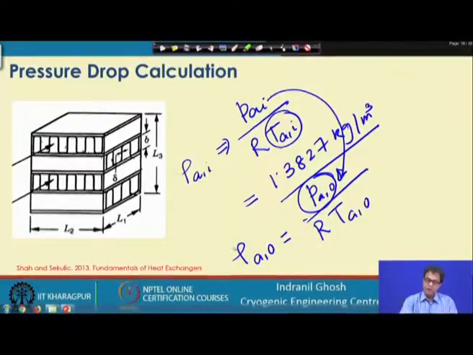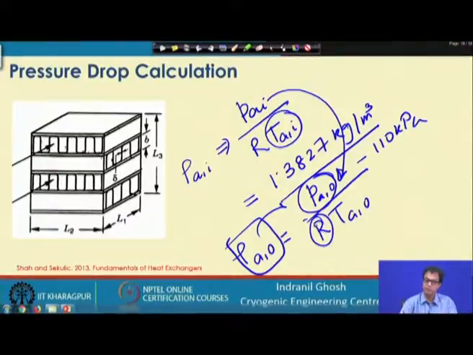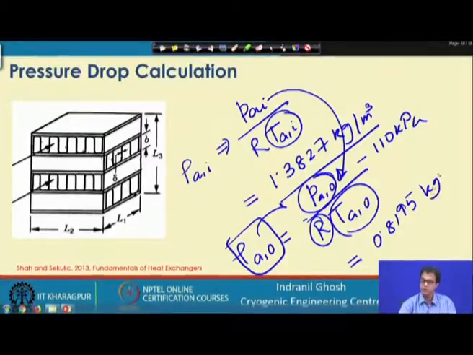So, we will put this value of 110 kilopascal here, and the R value we already have, the temperature is already known. So, accordingly we will find that this is coming as 0.8195 kg per meter cube for the density of the exit air.